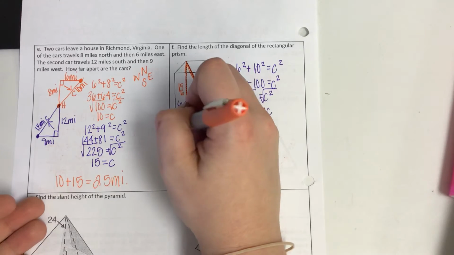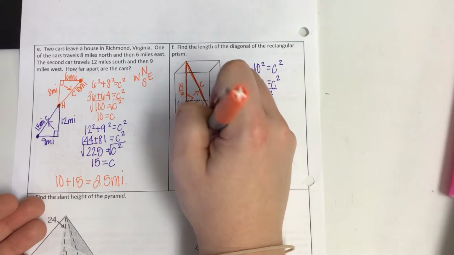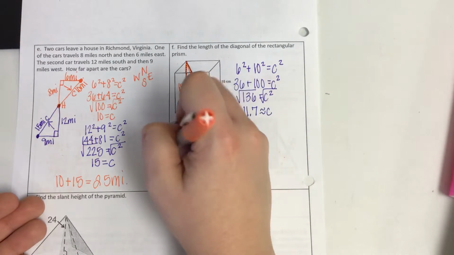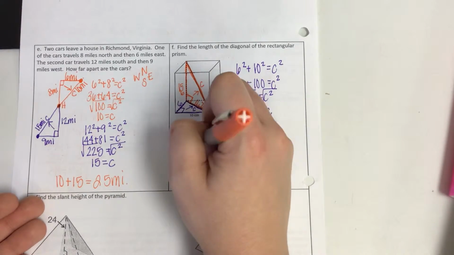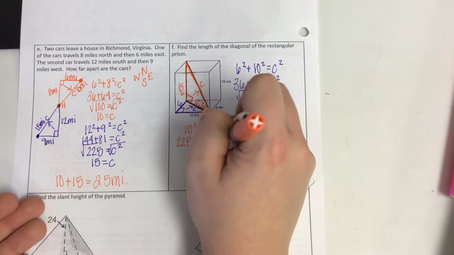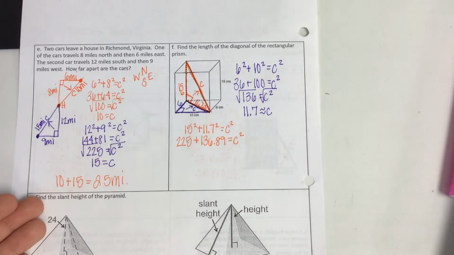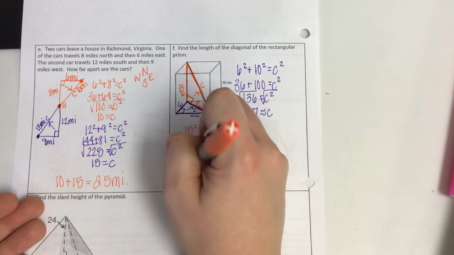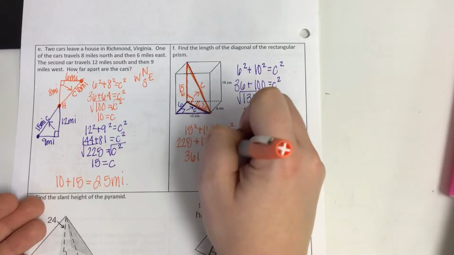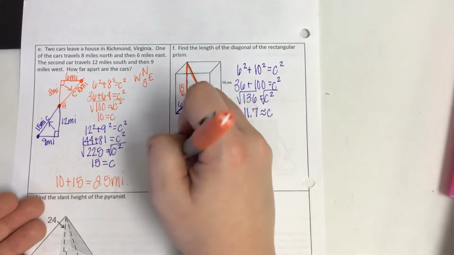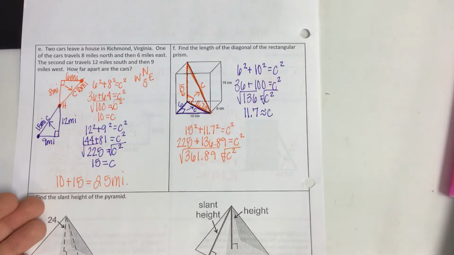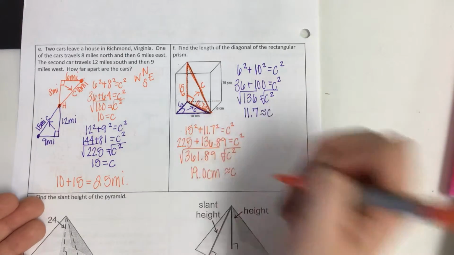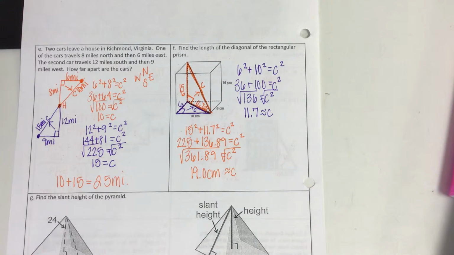So our new Pythagorean theorem is going to be 15 squared plus 11.7 squared equals C squared. 15 squared is 225 plus 136.89 equals C squared. 225 plus 136.89 gives us 361.89. Then we find the square root of both sides, and that's going to give us approximately 19.0 centimeters as the length that we need to find.